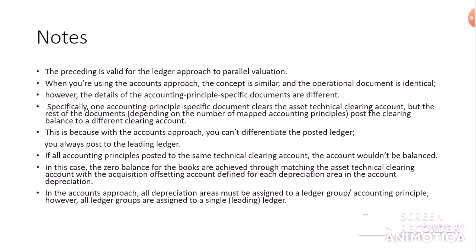The important note for this is that the preceding is valid for the ledger approach to parallel valuation. Whatever we have seen till now, the postings which we have seen are valid for the ledger approach to parallel valuation. So if we are using the accounting approach, the concept will be similar and the operational document is identical, but the details of the accounting principle specific documents are different.